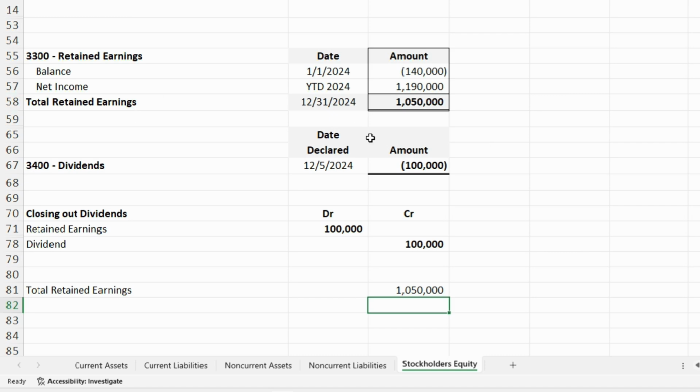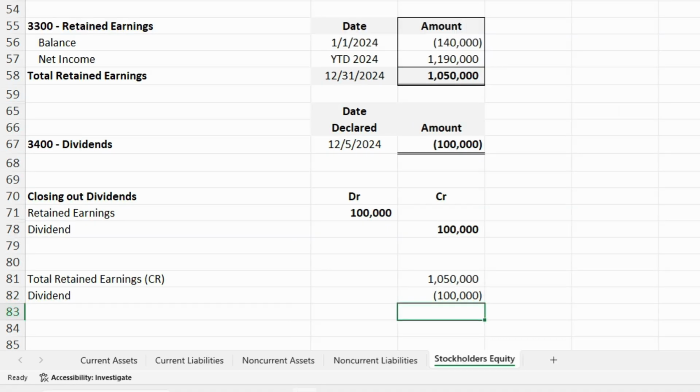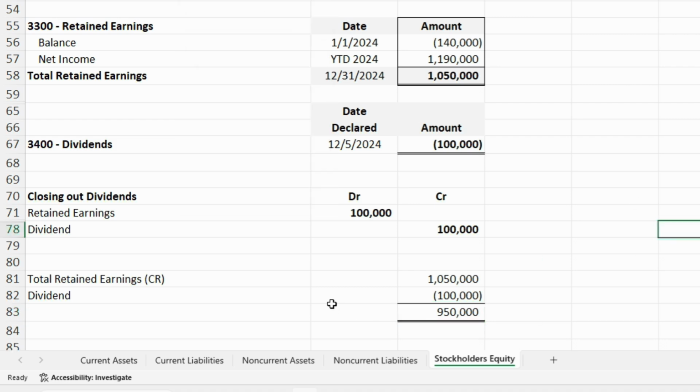And when we close out the dividend to retained earnings, since retained earnings is a credit balance, the dividend is going to reduce our retained earnings. So ultimately, when I do the year-end close, I'm not going to do this in this full balance sheet here.